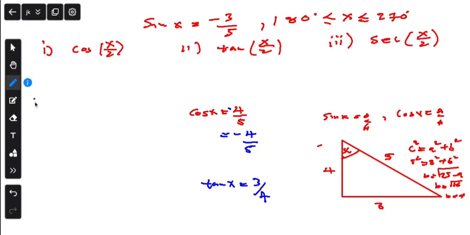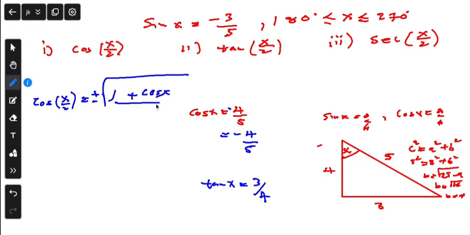We know that the formula for the half angle of cos is plus or minus the root of 1 plus cos x, then divided by 2. From there we know what cos x is. What is cos x? It is negative 4 divided by 5.